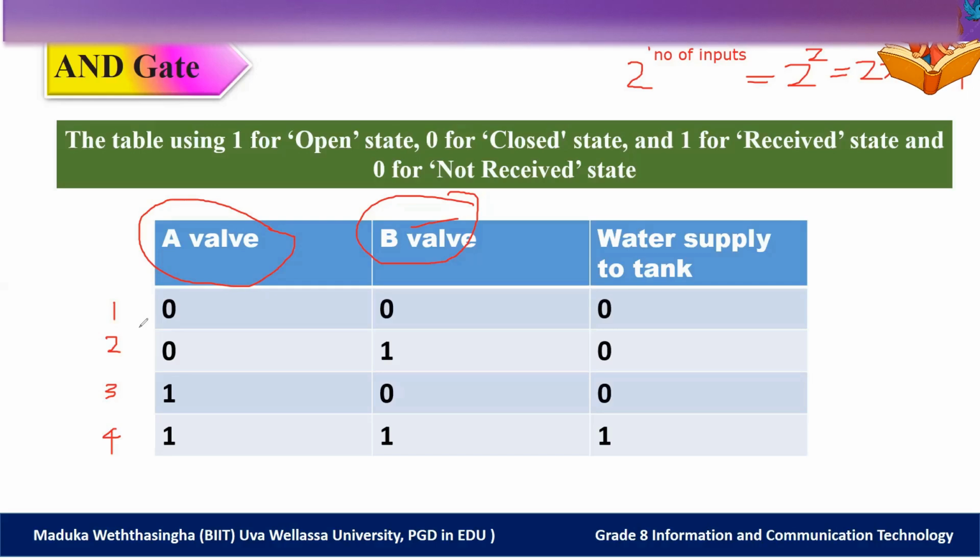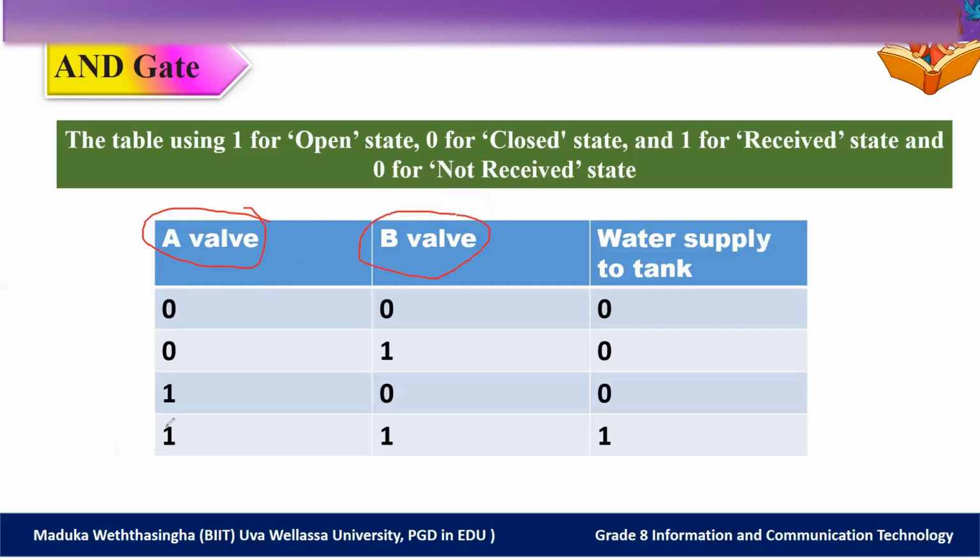Right. Now, this is the AND gate truth table. Here, there are two inputs. In the AND gate, there are two inputs.